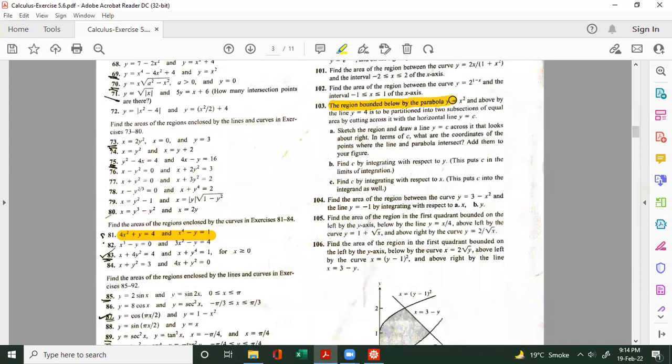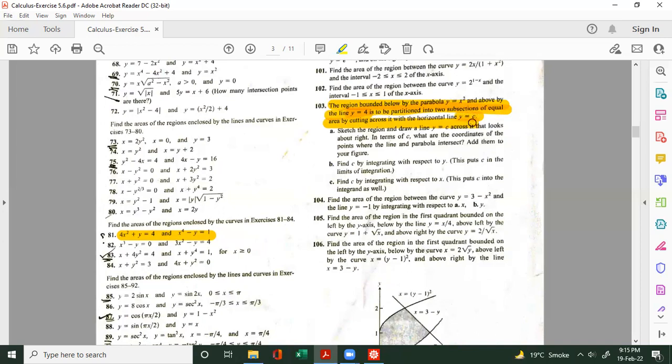The region bounded below by the parabola y equal to x square and above by the line y equal to 4 is to be partitioned into two subsections of equal areas by cutting across it with the horizontal line y equal to c. That is the main theme. He says that the area bounded by y equal to x square and the horizontal line y equal to 4 is partitioned into two subsections of equal area, obtained by cutting through with the horizontal line y equal to c.